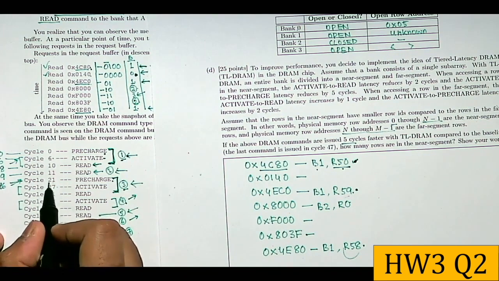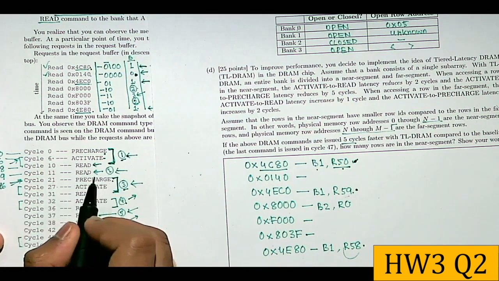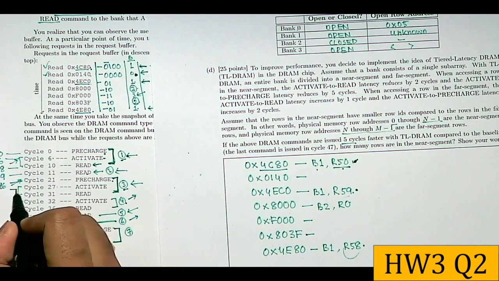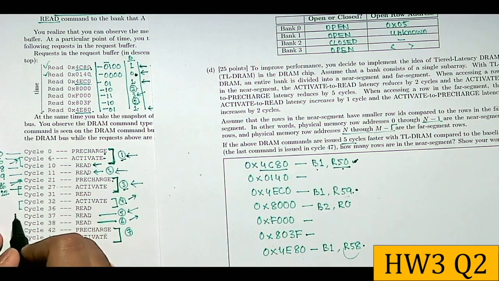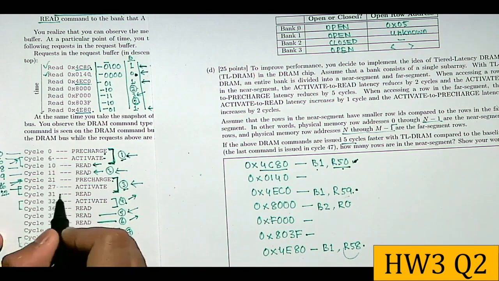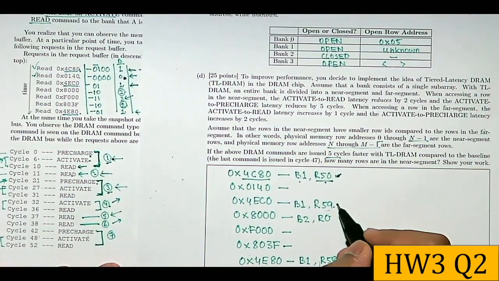So now if we can get it done at 16, then precharge to activate is always the same. There is no benefit in TL-DRAM. So this timeline actually went to 22. That's 6 cycles, right? And then activate to read. Now consider this. Currently you are at R59.